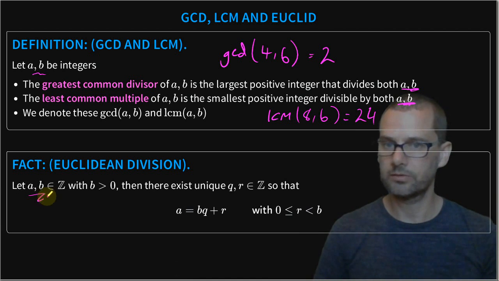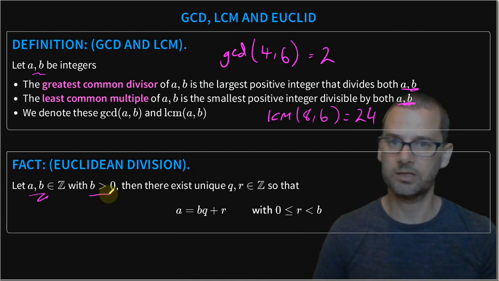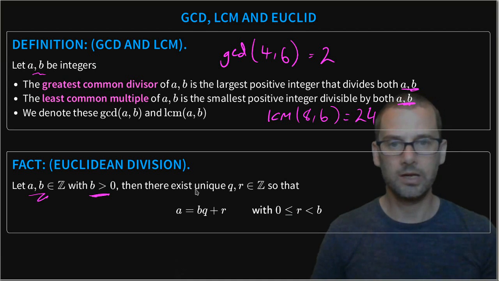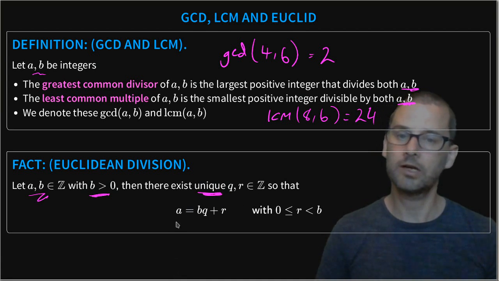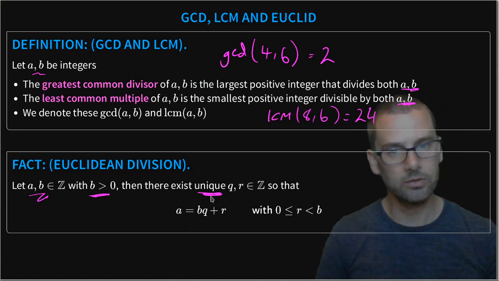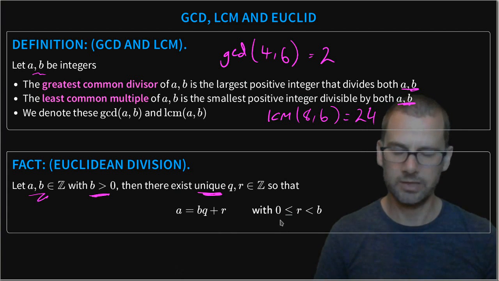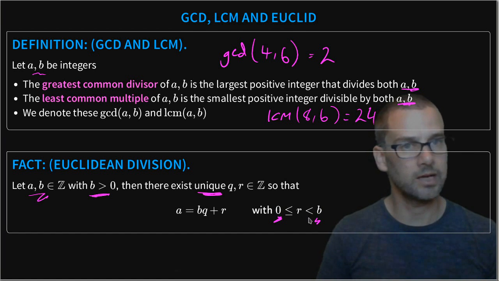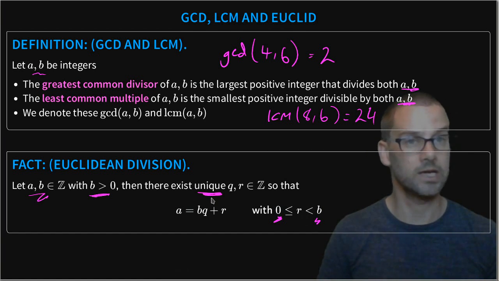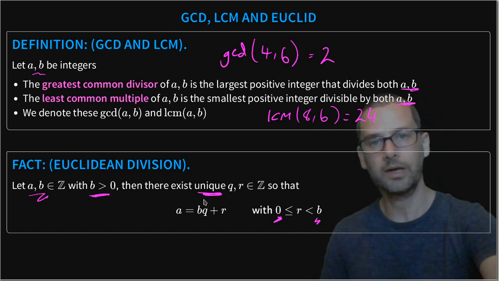So if we take two integers a and b with b strictly positive, then there exist unique integers q and r so that I can write a as a multiple of b with some remainder, and that's how we get the uniqueness, by constraining that remainder to be between 0 and b.